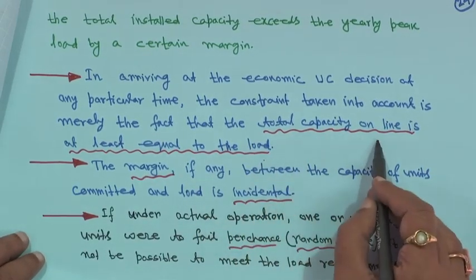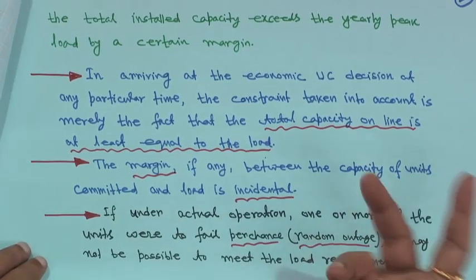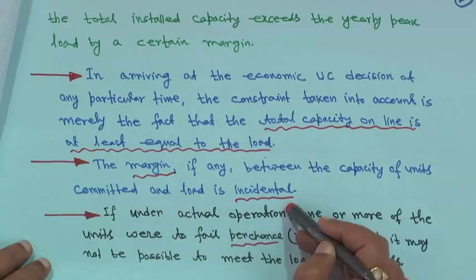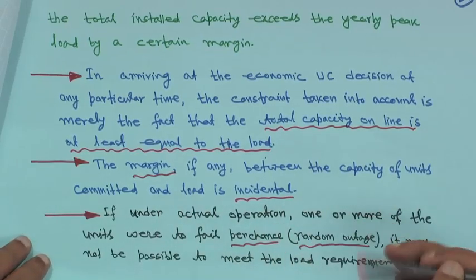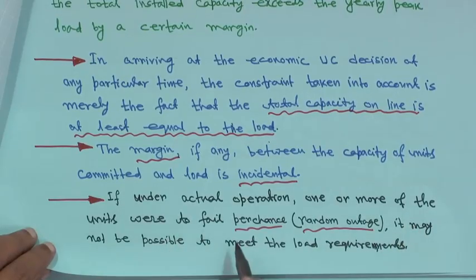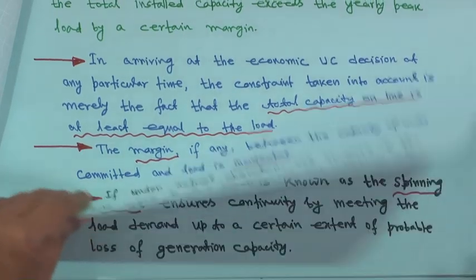Therefore, the margin, if any, between the capacity of units committed and the load is just incidental. Generally, generation must supply load plus power loss. So, if under actual operation one or more of the units were to fail, say a random outage, it may not be possible to meet the load requirements.